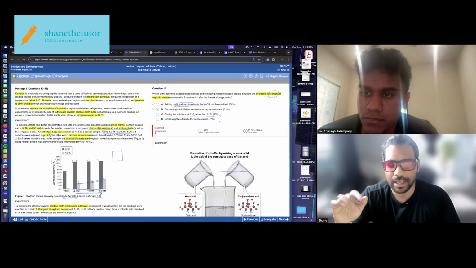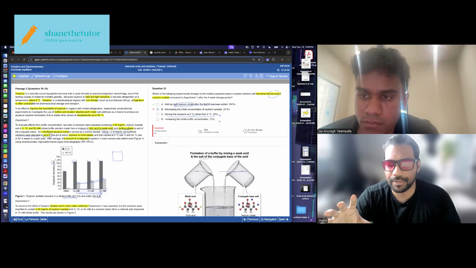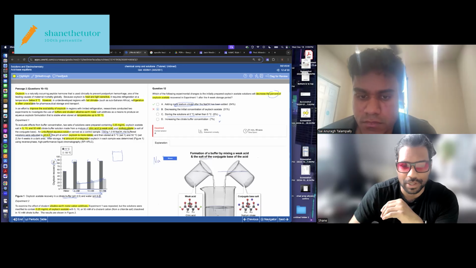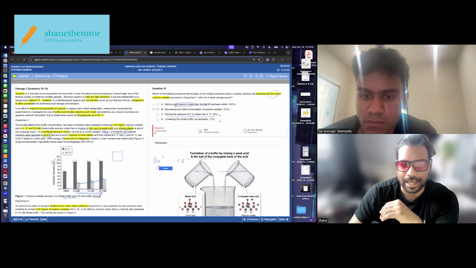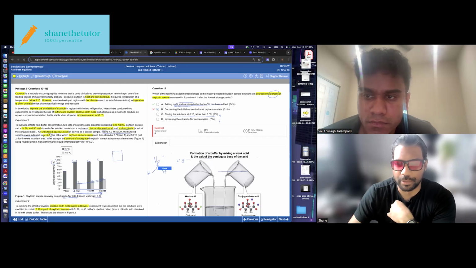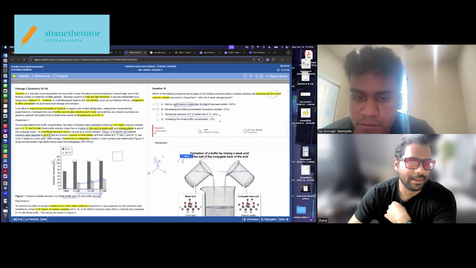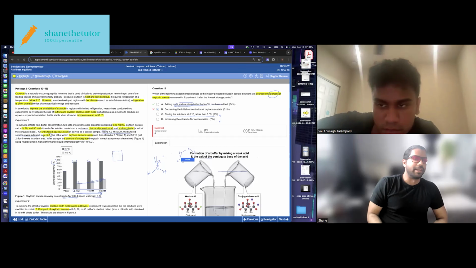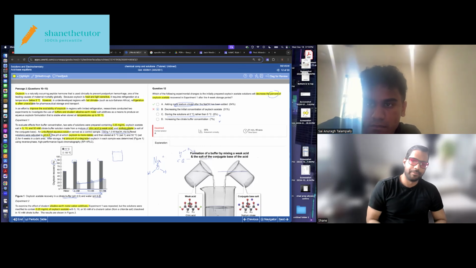Okay. If you have a solution with salts, like NaCl would turn into Na plus and Cl minus, and the H2O, the oxygen of it, is going to make intermolecular bonds with the sodium ion, right? Then the hydrogen will form intermolecular bonds with the chloride ion, right?